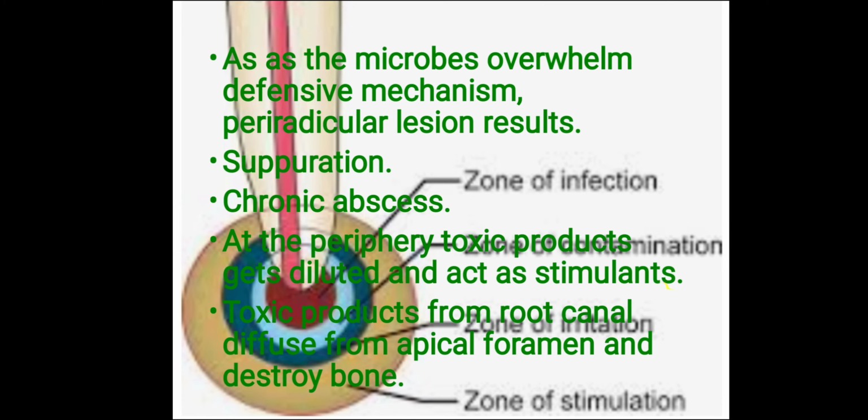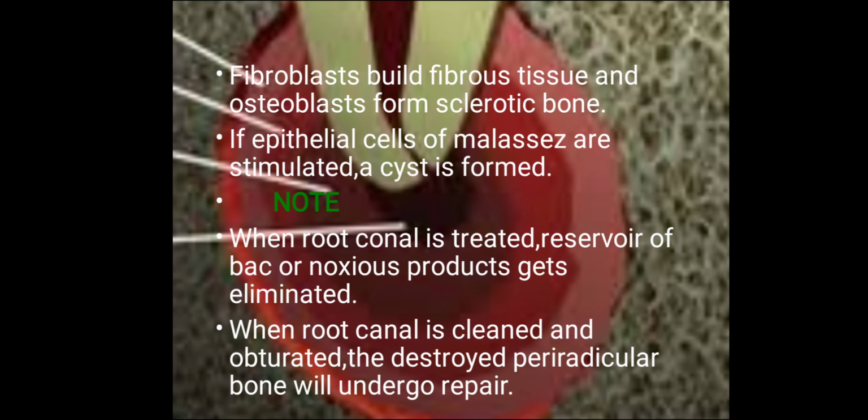We have seen this in the zone of stimulation. Toxic products from the root canal diffuse from the apical foramen and destroy the bone around. The fibroblasts build fibrous tissue. We know this from the zone of stimulation. And osteoblasts form sclerotic bone, that is irregular bone.